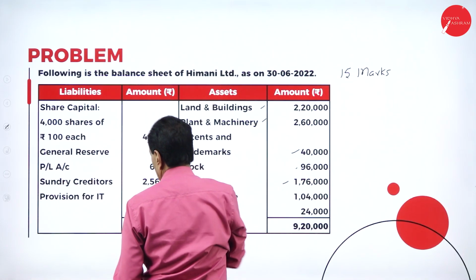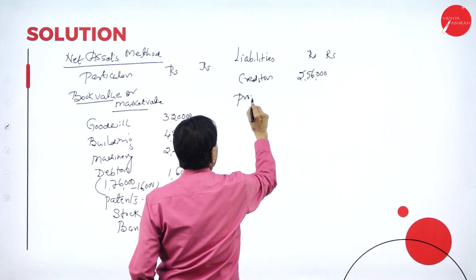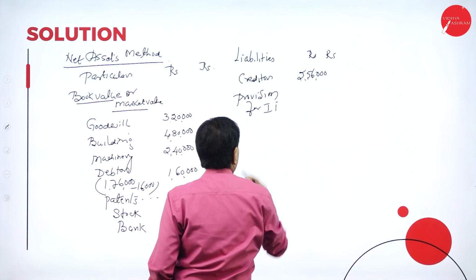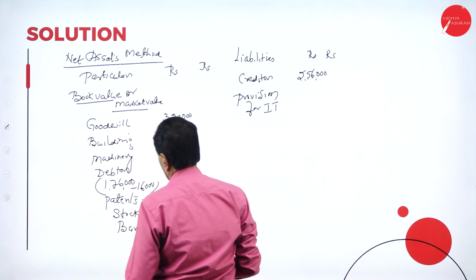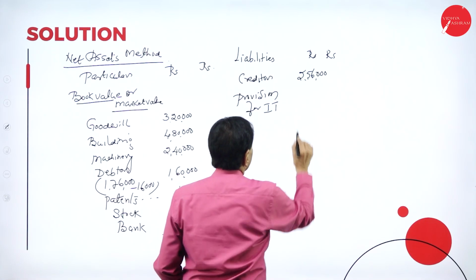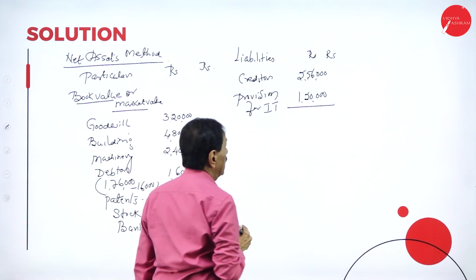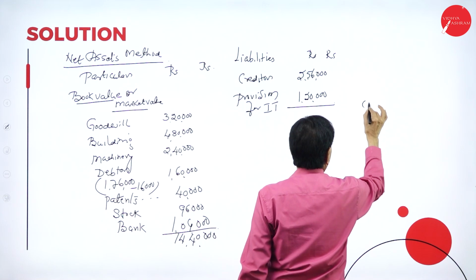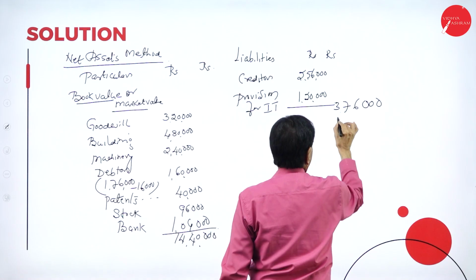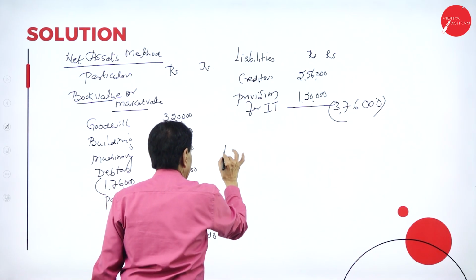Next, provision for taxation, 80,000. Provision for income tax, 1,20,000. Add the figures, 3,76,000.